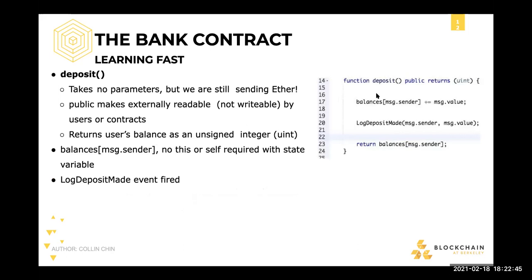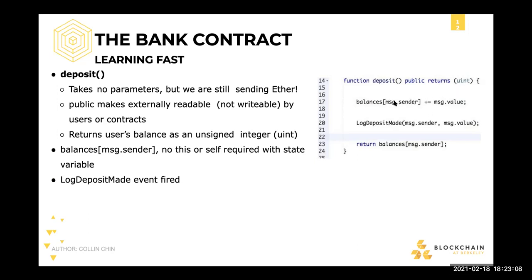So our first function will be the deposit function. In this case, we're not taking any parameters, but then we're still sending ether as we are returning an unsigned integer. Public makes it externally readable by others, so then people in the contract as well as outside could read it. The user's balance is returned as an integer.